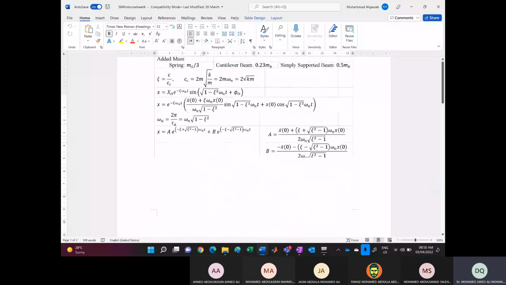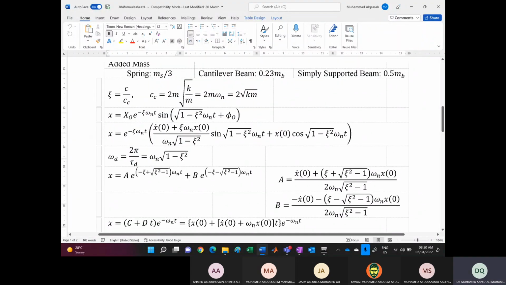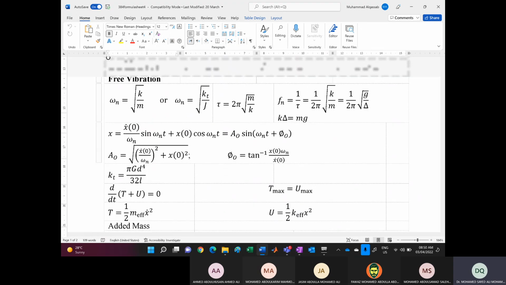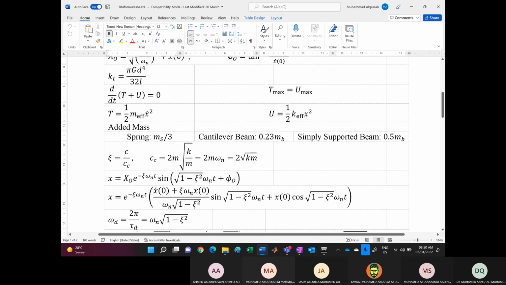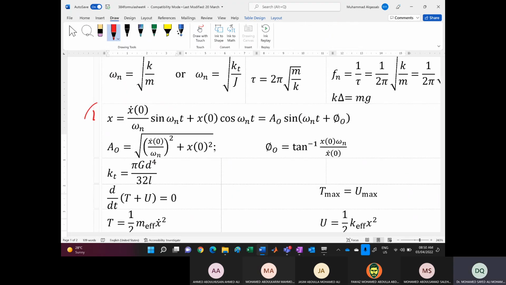Okay, so this is the formula sheet, and there are 4 equations. This is the first one, the one for zeta equal to 0.